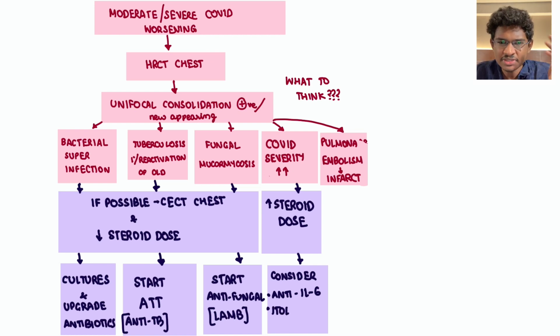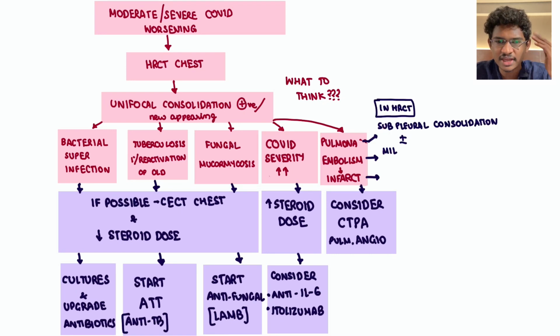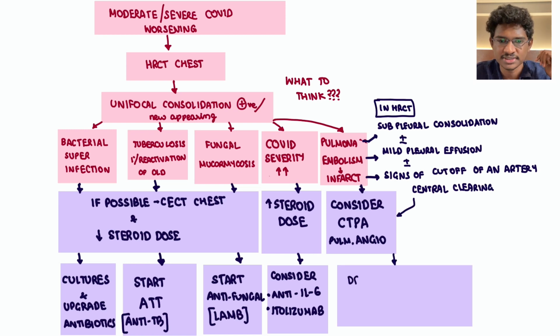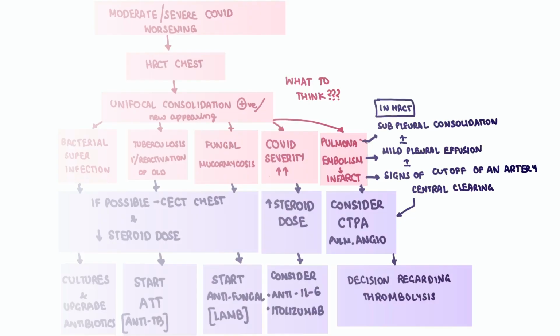Next, if it is due to pulmonary embolism, you can also have some fine signs which the radiologist will tell, like central clearing and minimal peripheral pleural effusions. Then we can go for CT pulmonary angiography. And depending on the size of the embolus, we can decide on fibrinolytic therapy or surgery. Thus, CT scan helps enormously in decision making.